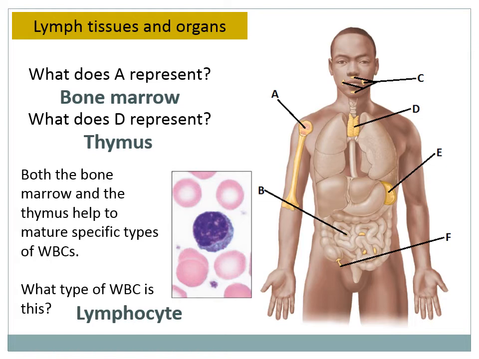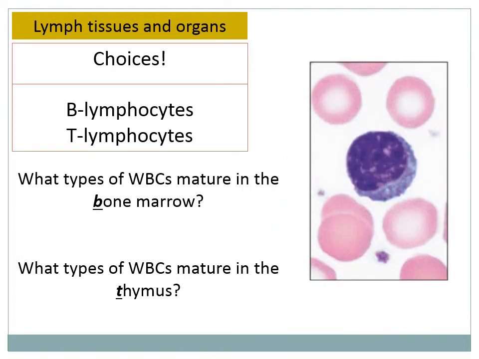So they're going to help mature lymphocytes. So looking at the names, we have B lymphocytes and we have T lymphocytes. What types of white blood cells mature in the bone marrow?